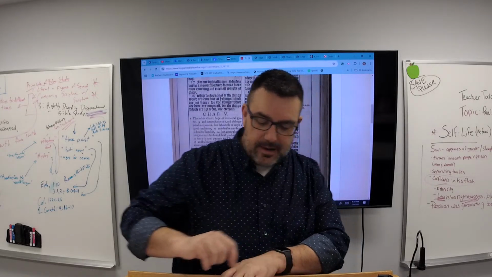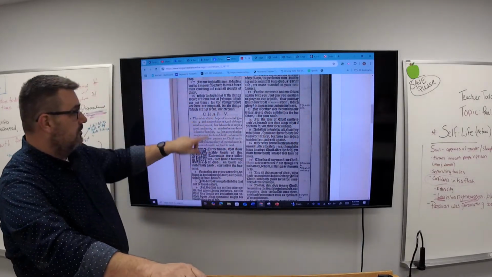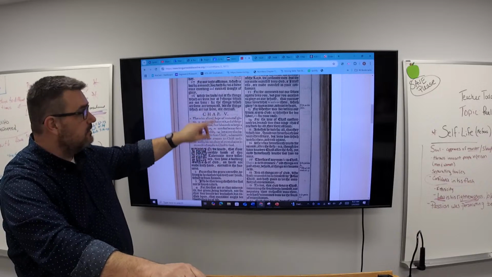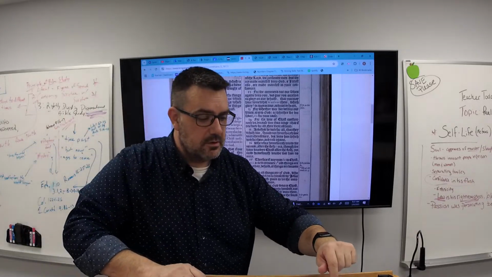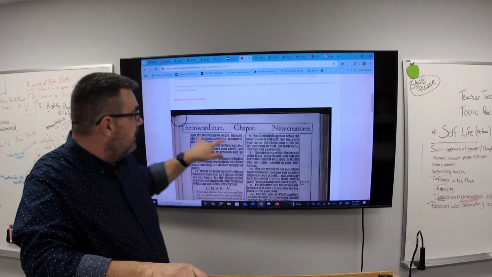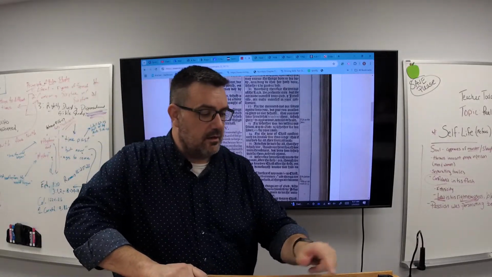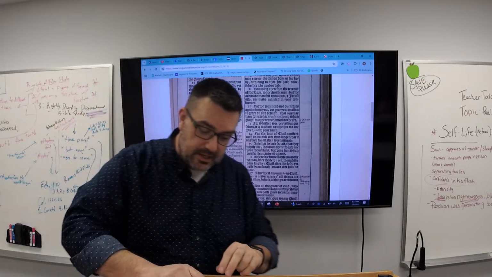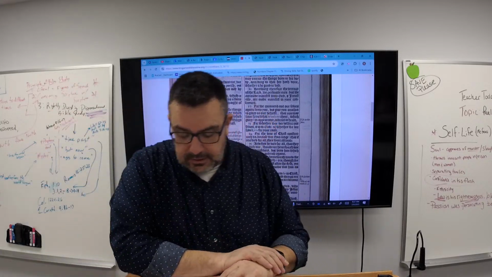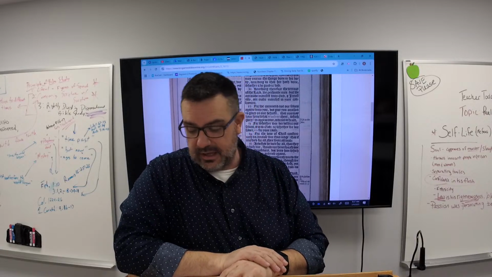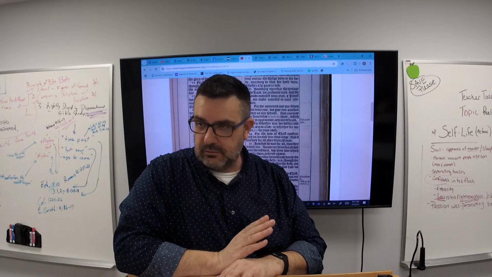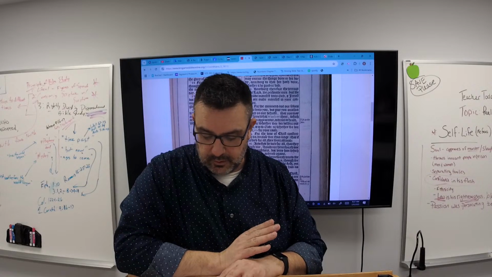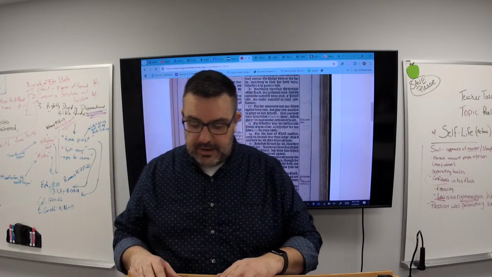So what he's talking about there is this stuff. The headings at the top of the pages, this stuff here at the top of the pages, and then these kind of like chapter summaries that are there for every chapter. So if you look back at your notes, considerable alterations have been made in the heads or contents prefixed to the chapters. That's what he's talking about, what I just showed you visually, okay? As will appear on inspection.